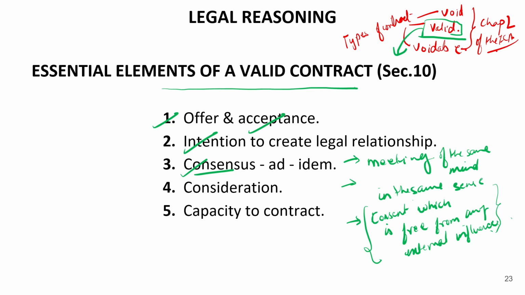Now, when we say external sources, there can be a plethora of methods and ways by which parties to a contract can be influenced to enter into a contract. There have been various instances in real life also.